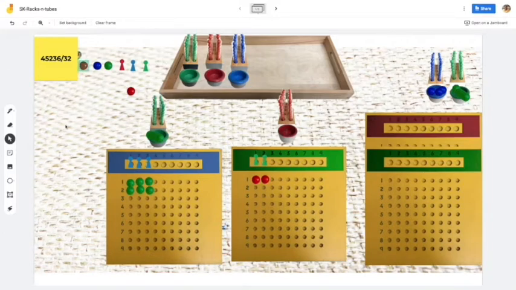We put back 1000 and take 10 beads of 100. And continue to distribute.